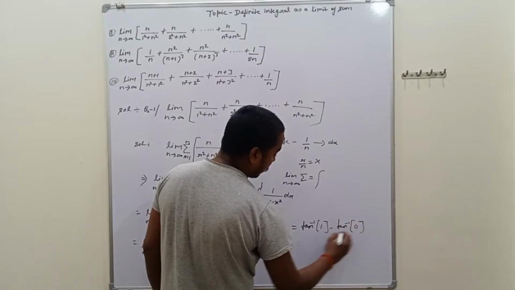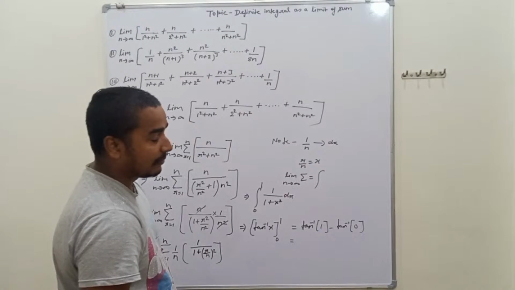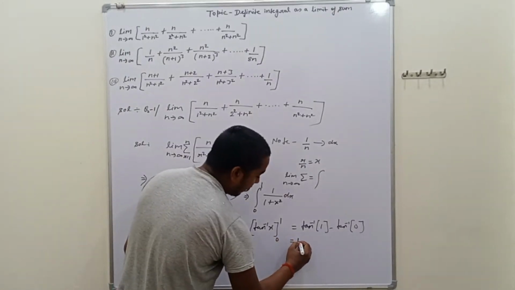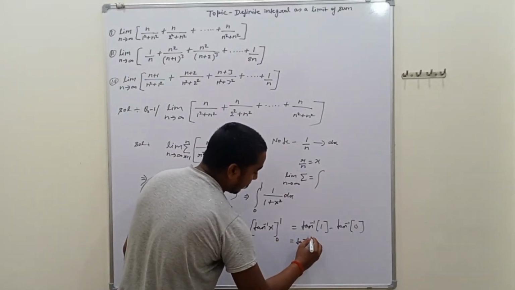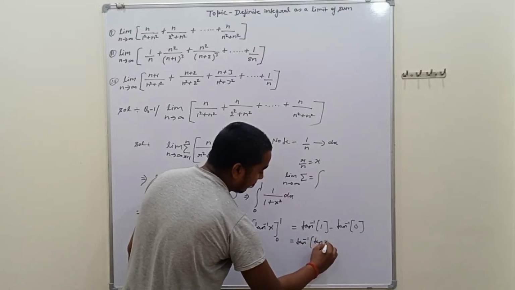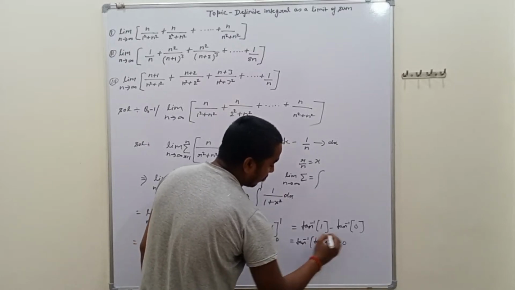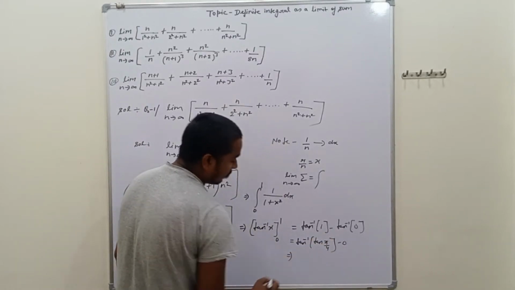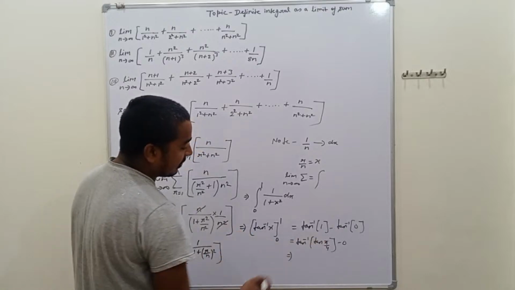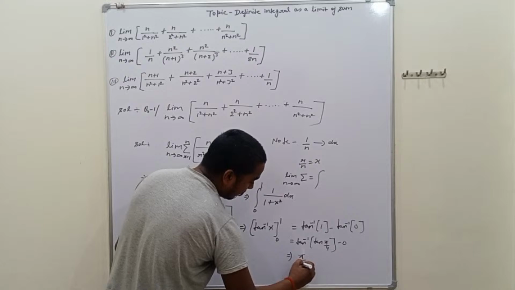The value of tan inverse 1 is pi by 4, and tan inverse 0 is 0, so the remaining answer is pi by 4.